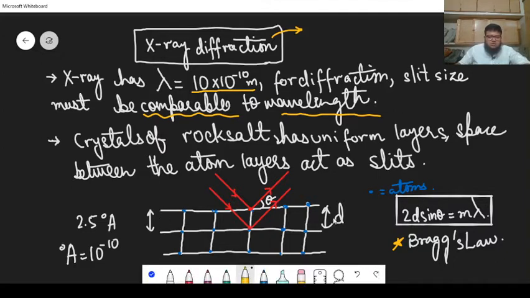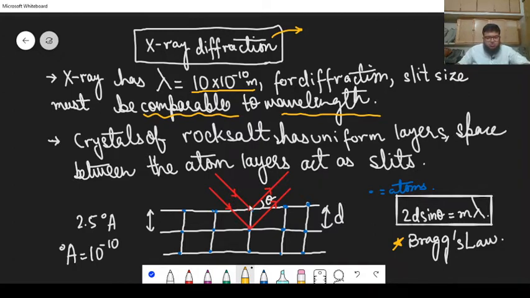If you look at this structure diagram over here, these dots represent sodium and chlorides arranged adjacent to one another, and the three lines that I have drawn over here are actually the entire planes of atoms present in sodium chloride crystals.